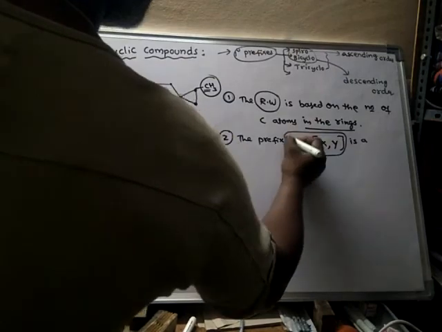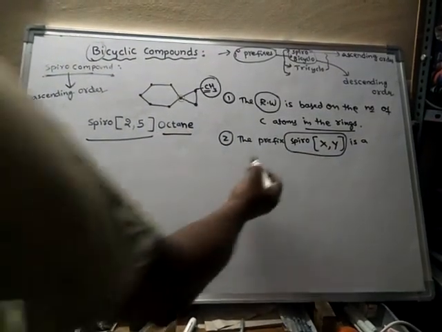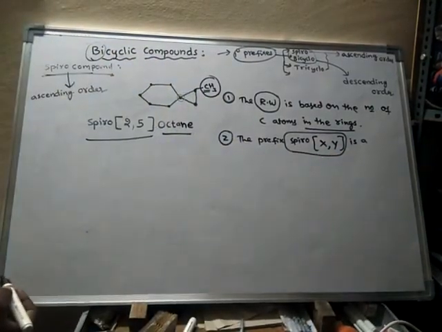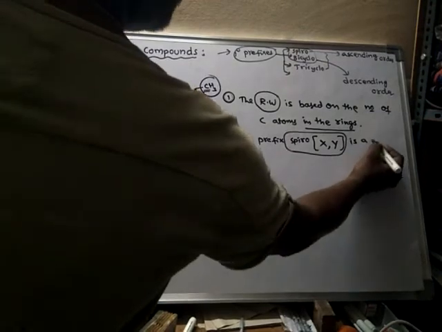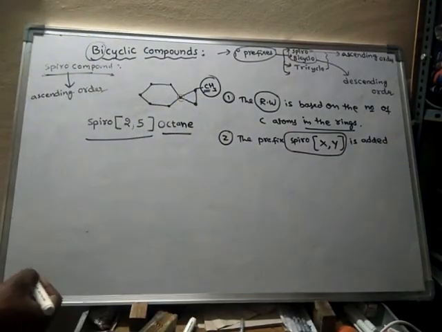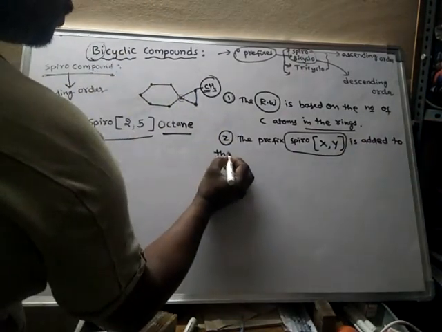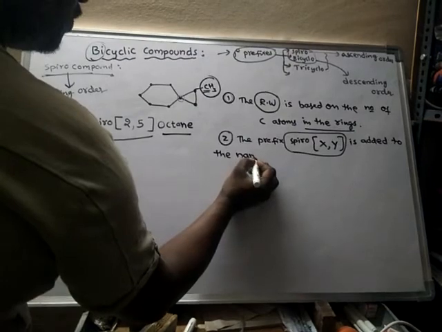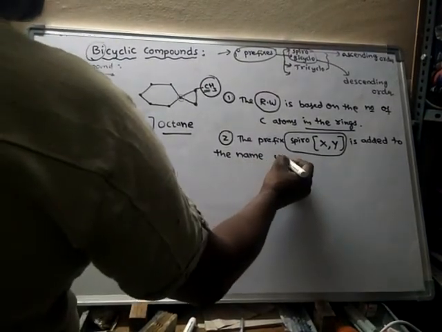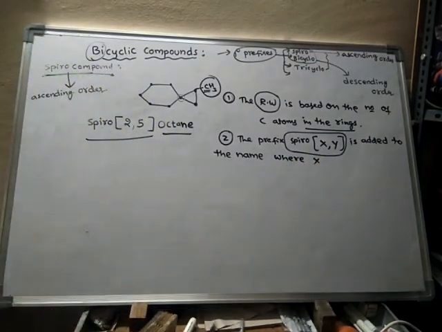This entire thing is a prefix to the name. So the prefix spiro[x,y] is added to the name, where x and y indicate the number of atoms.